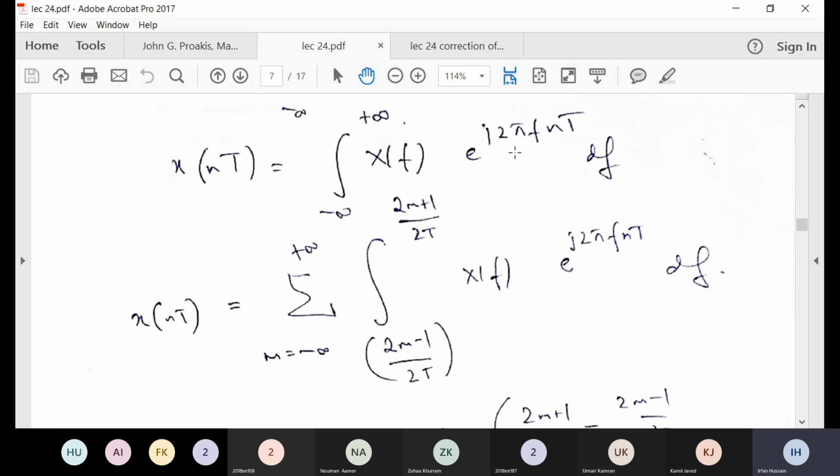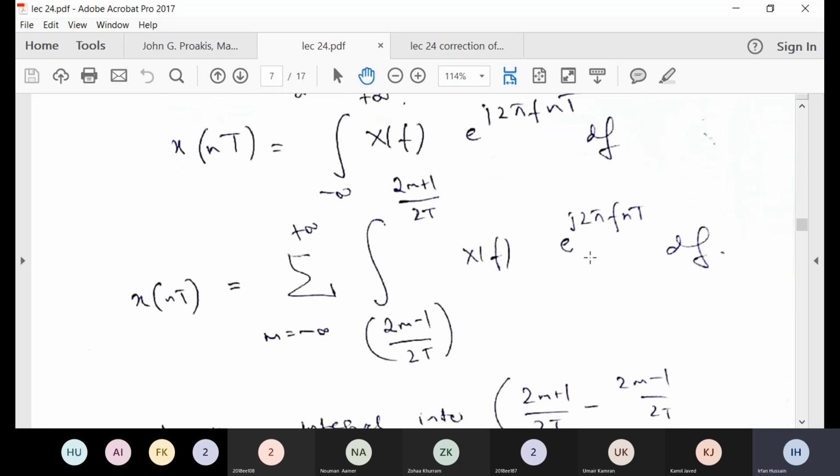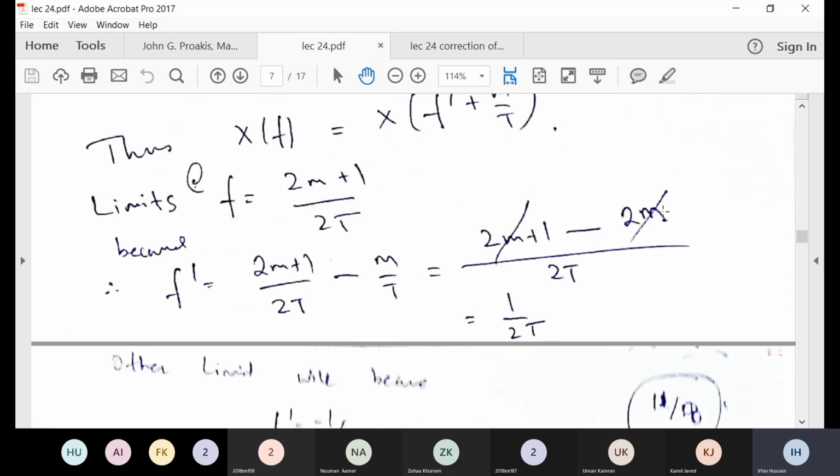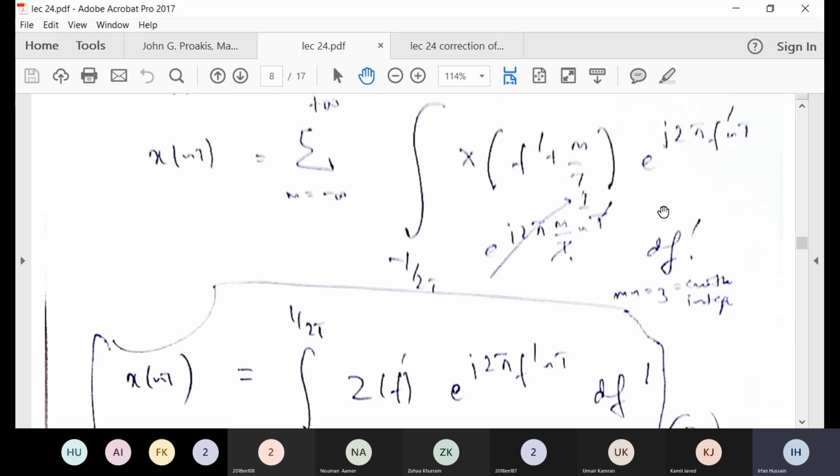So we will replace this f by f dash plus m/t. So one factor will be e^(j2 pi f dash nT), and the other will be e^(j2 pi (m/T) nT), which comes out to be mT over nT.